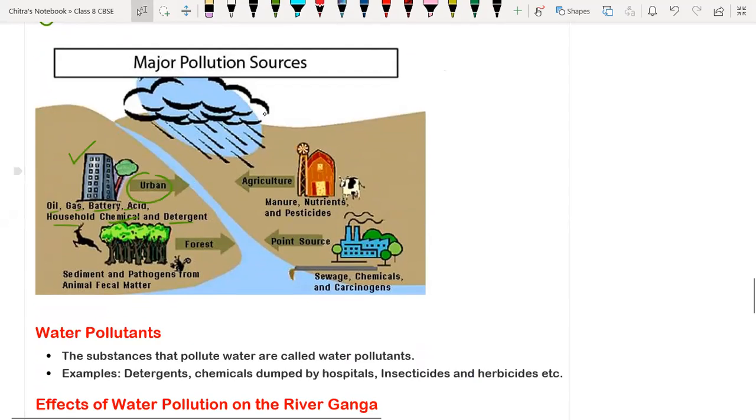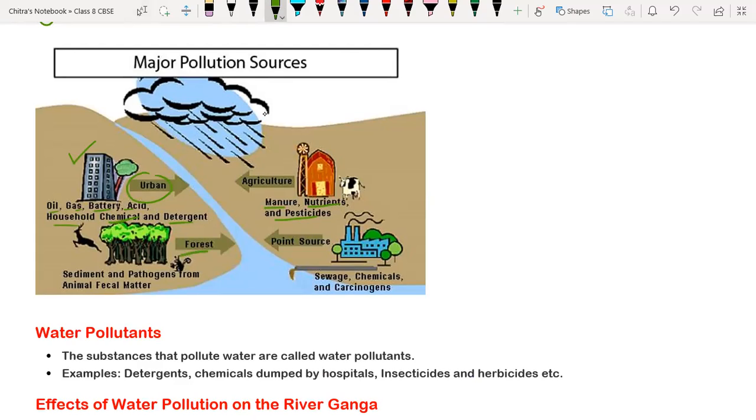In agricultural activity, we use manure, chemical fertilizer, nutrients, insecticide and pesticide. They again mix with water and the water bodies and contaminate them.